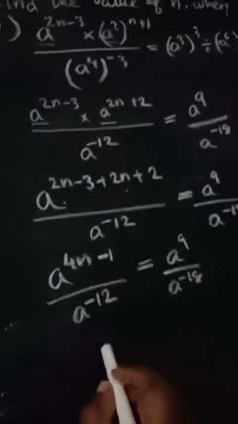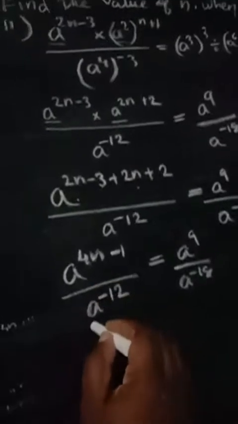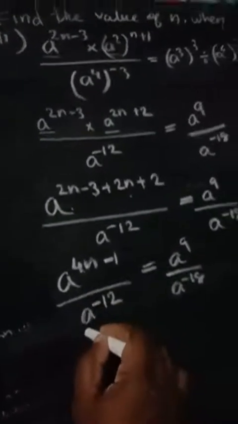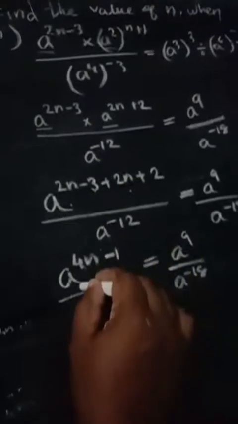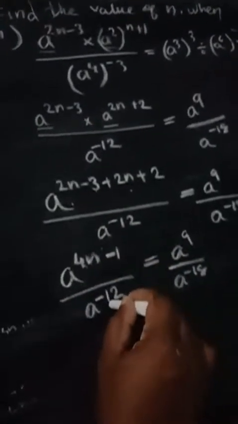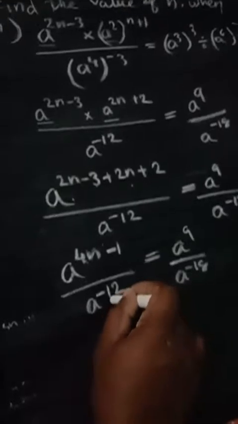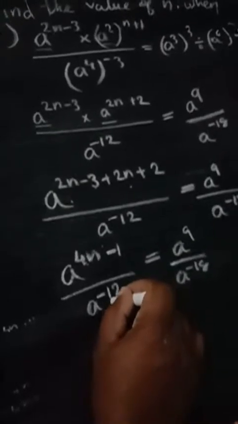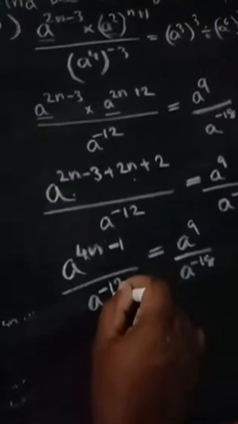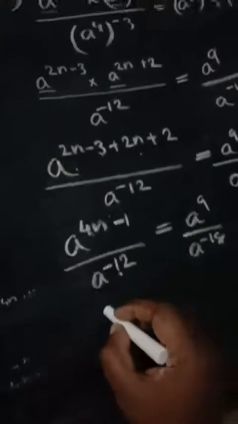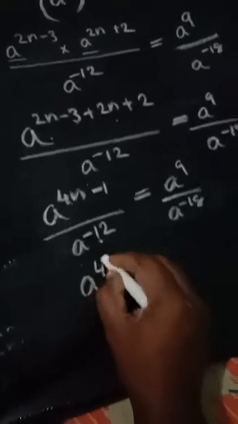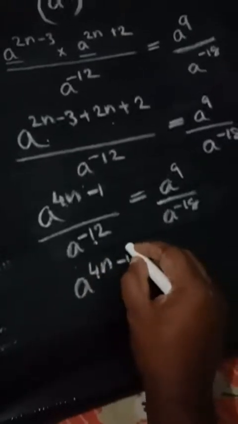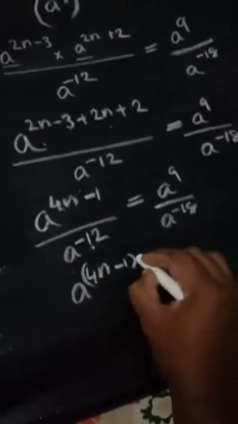One more thing: this is in the form a^m divided by a^n. What is a^m by a^n? A^(m−n). So this is equal to a^(4n−1−(−12)).